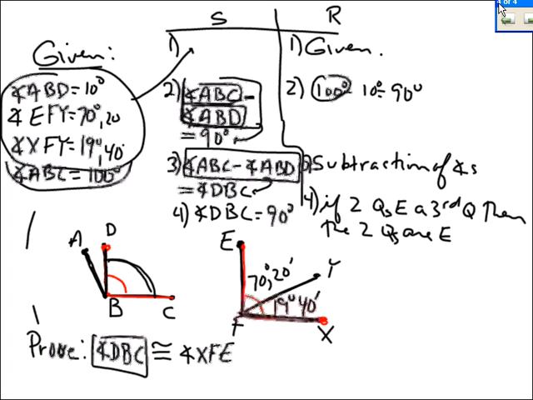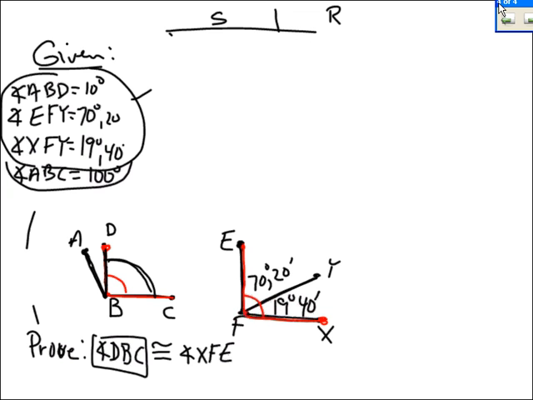That's 90 degrees. So due to lack of space, I'm going to erase these 4 statements and reasons, and I'm going to start over with number 5. It's a brand new problem almost, except we're still allowed to use the givens from step 1. What I want to do now is show that that's a right angle.